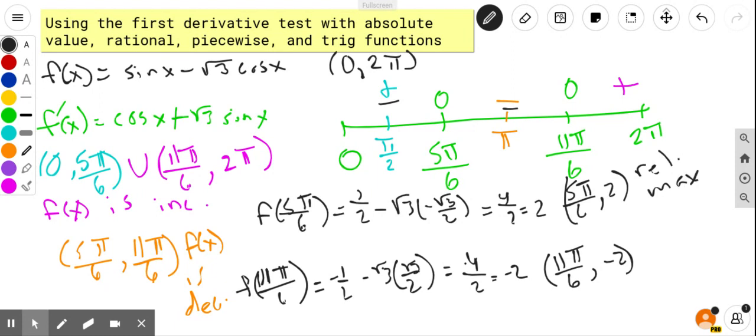It keeps increasing, then it maxes out, then it starts to come back down. And if I look at 11 pi over 6, it's negative, then it turns into positive, so it bottoms out. So I'm going to say this is a relative minimum. And that's all you have to do with these trig ones. Again, it comes down to how comfortable you are solving trig equations.